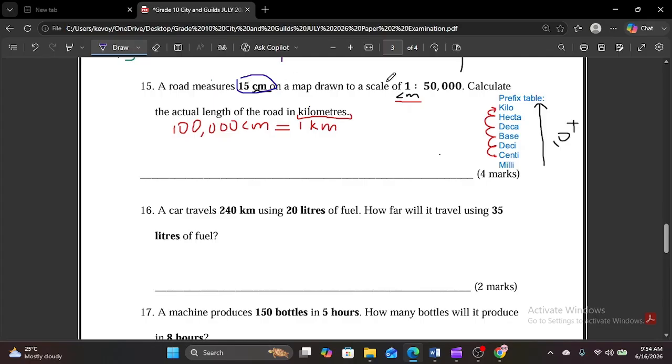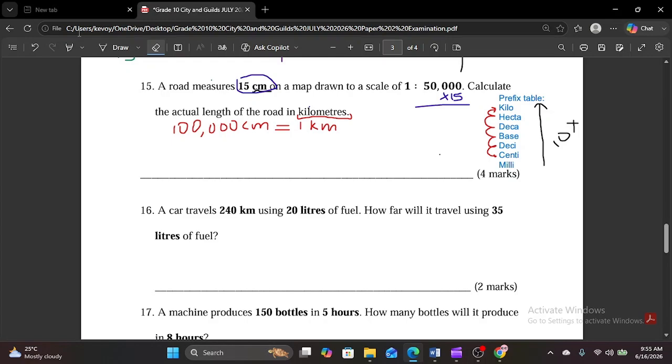If 1 centimeter gives you 50,000 centimeters, then we multiply 50,000 by 15. You want to know how many you get if you have 15 centimeters instead of 1, so you multiply 50,000 by 15.